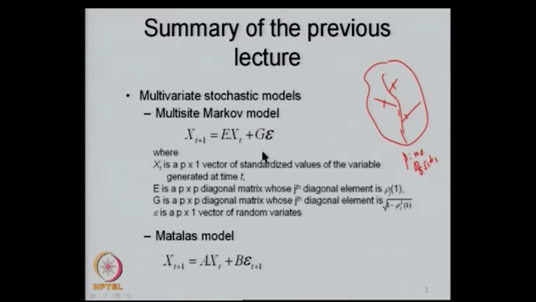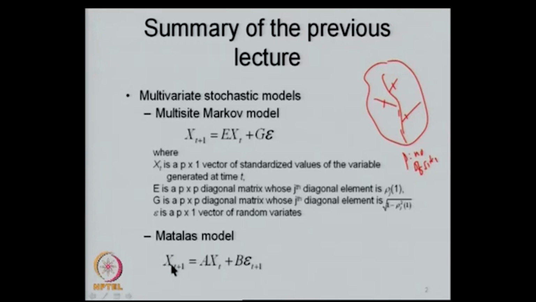In fact, in this we do not assume that it is a Markov process, although we relate x t plus 1 with x t here. The coefficient matrices A and B in fact reflect the cross correlation structure in the multi-site situation. So, this is what we were talking about in the last lecture towards the end.